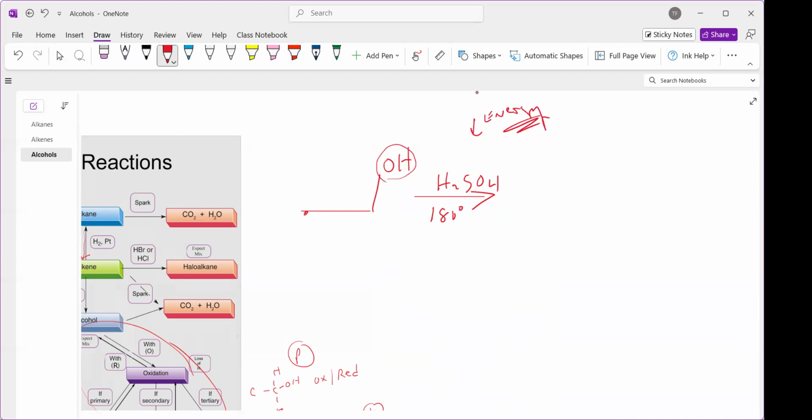Yes, H is present. So here we have the water, H2O. So what happens is water's pulled off, leaving us a double bond.